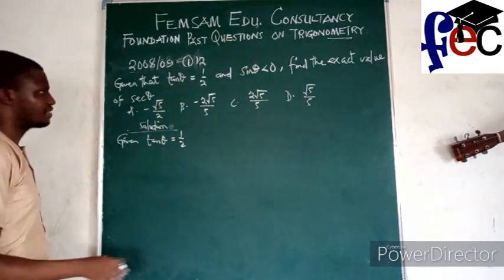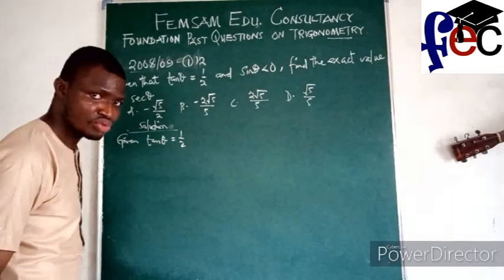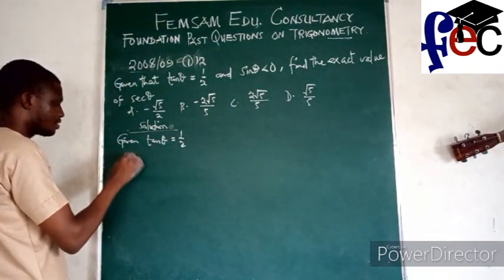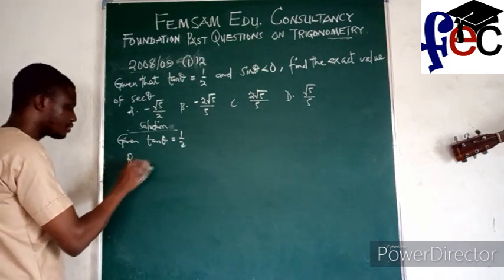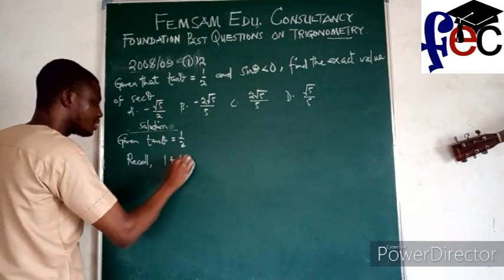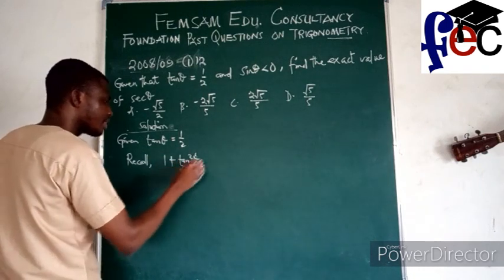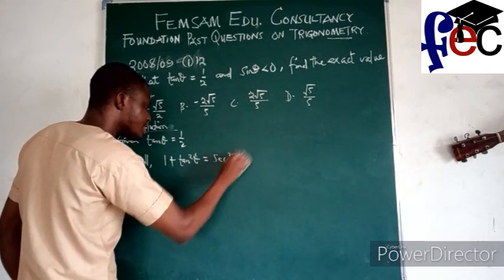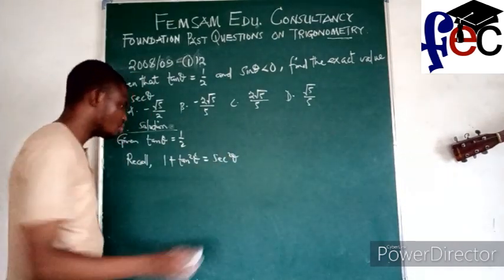Alright, if that is the case, just for us to be able to know, if tan theta is this, we can recall that 1 plus tan square theta is equal to sec square theta. I hope you get that.